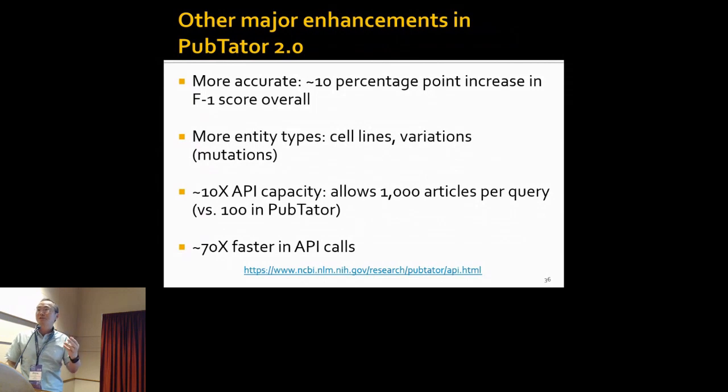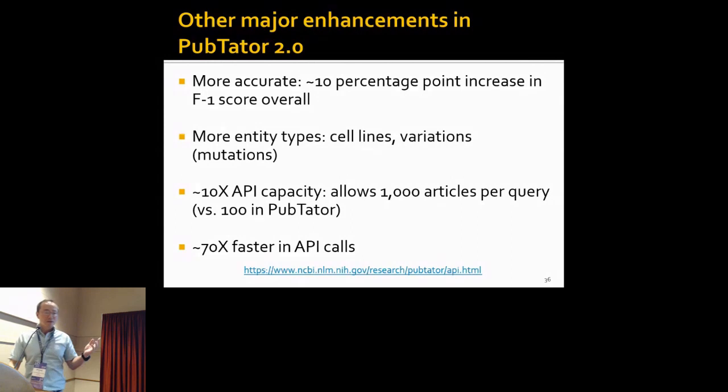If it's 1 or 2%, I wouldn't think that matters that much in a production system, but 10% is actually quite remarkable. We added cell lines and other entity types, and because the API is so popular, we expanded its capacity so that users can query 1,000 articles per query instead of just 100, and made it a lot faster for our users.